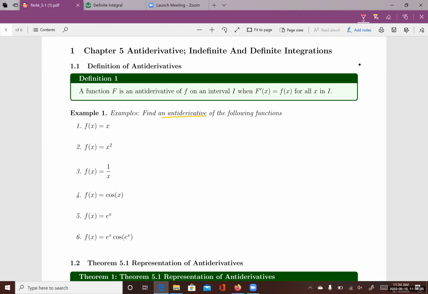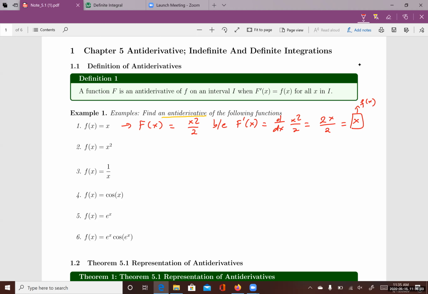So if f of x equals x, then big F of x equals, say, x squared divided by 2, because the derivative of x squared over 2 is 2x over 2, which equals x. So x here is the function f of x.